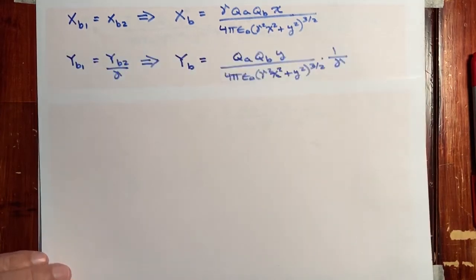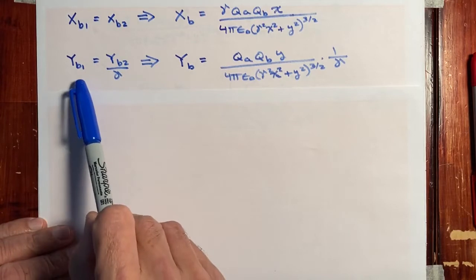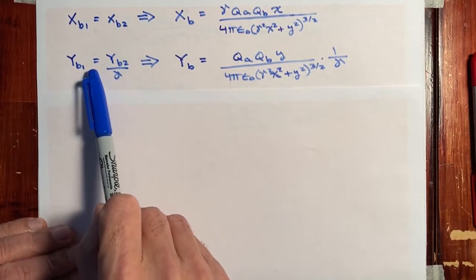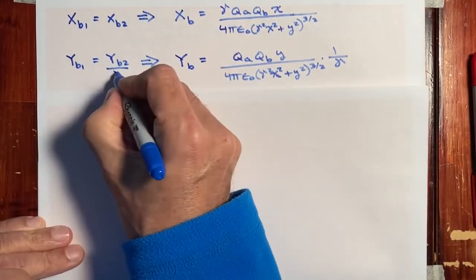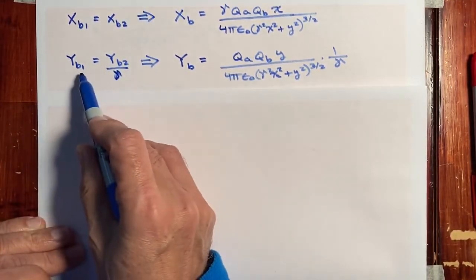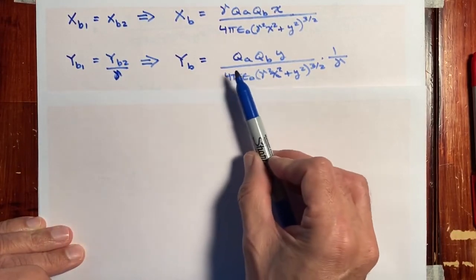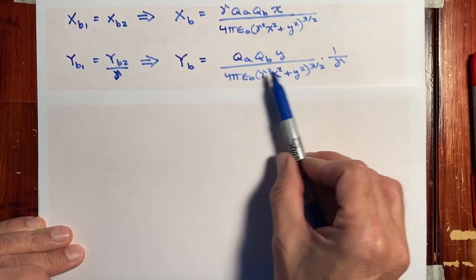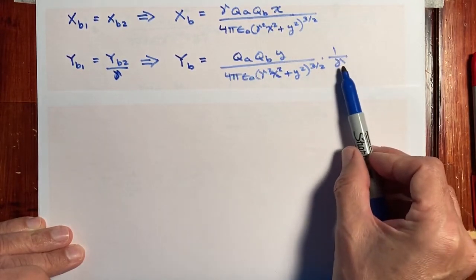Similarly, we can write the y component. y sub B1 is equal to y sub B2 over gamma, which implies, again after we drop off the 1 subscript, that y sub B is Q_A Q_B y over our traditional denominator and 1 over gamma here.